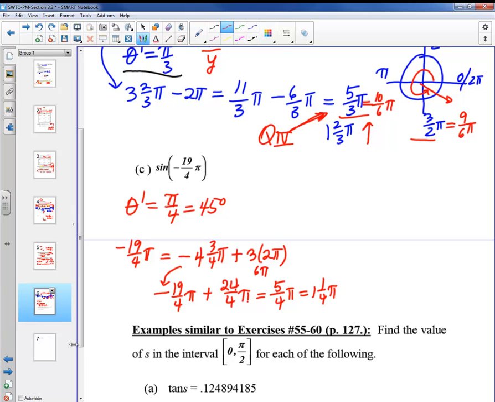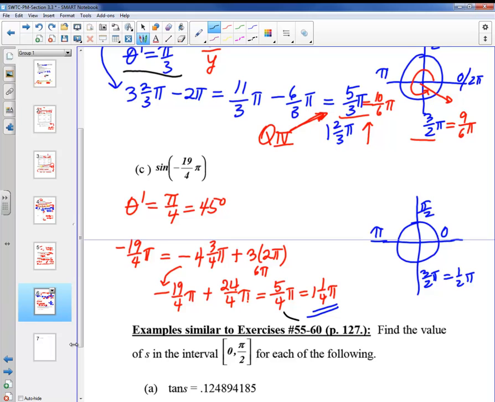Okay, so I need to look at this angle and how it relates to the other angles that I know that are on the axis, the quadrantal angles. So 0, pi over 2, pi, and then I have 3/2 pi, and that's 1 1/2 pi. But now I need to write them with a common denominator.